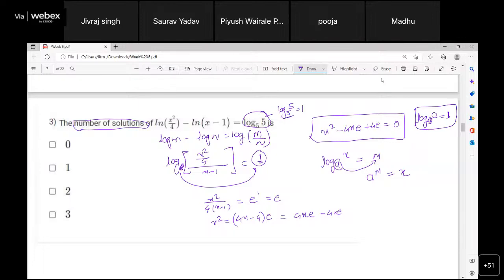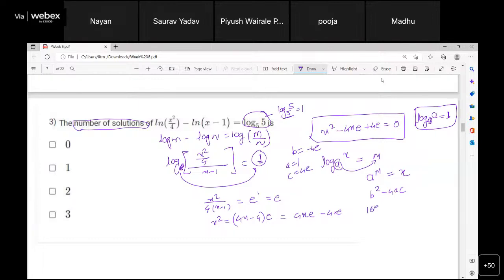Okay. Now tell me, how should I calculate this here? Someone is saying determinant, right? b square minus 4ac. So b is 0, and c is minus 4e.